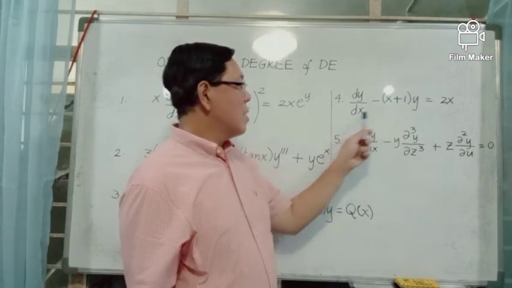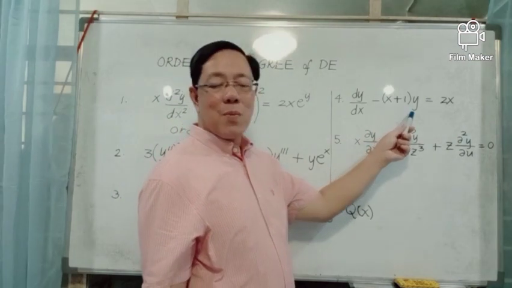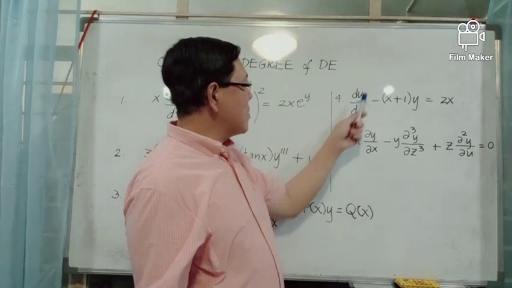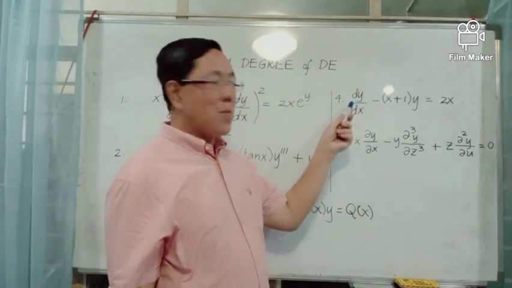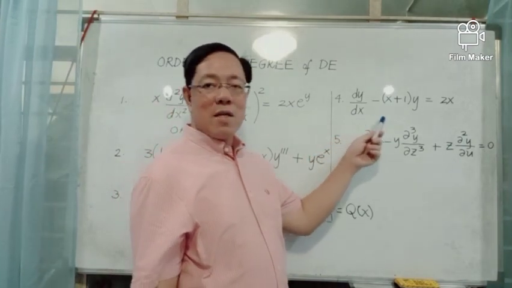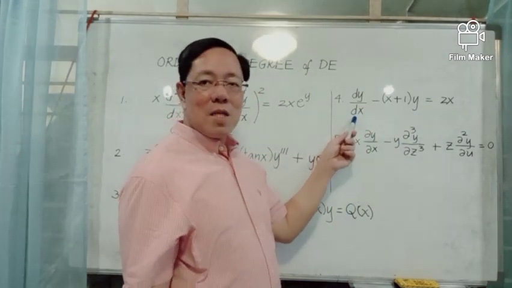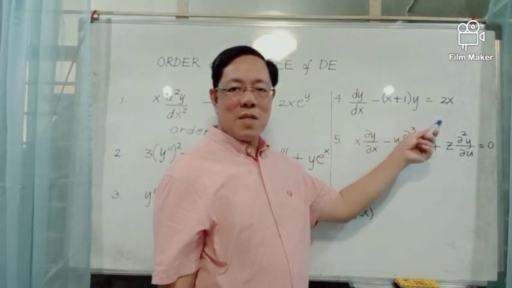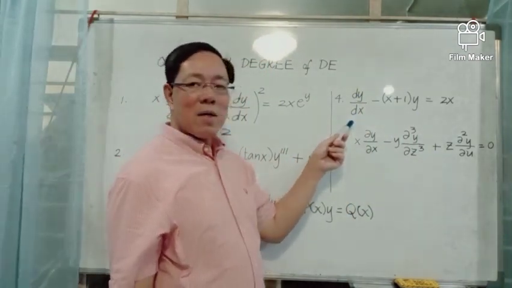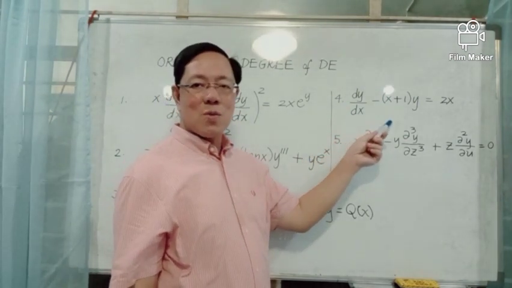This is a linear differential equation because the exponent of y, the dependent variable, is 1, and the exponent of the first derivative of y with respect to x is also 1. And the highest derivative that occurs in this equation is the first derivative of y with respect to x. Thus, the order, or differential coefficient, of the highest derivative in this equation is 1.